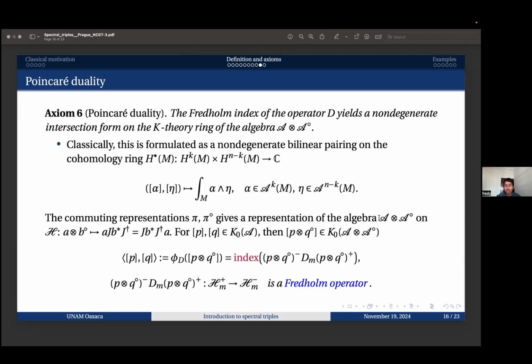For example, K0 is defined using the Murray-von Neumann equivalence between projections, and you have a semigroup.